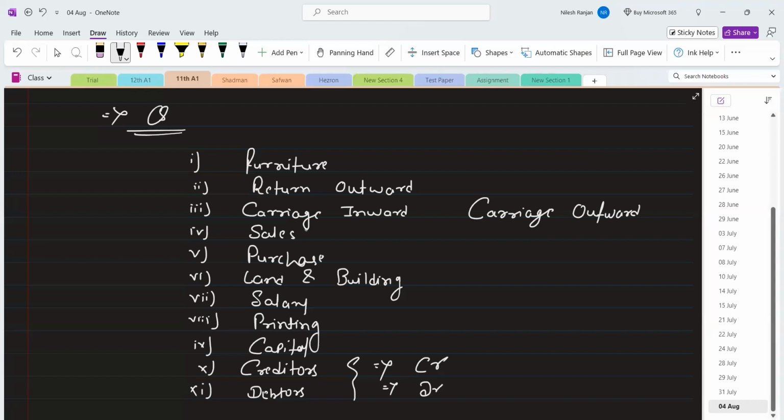Printing means actually printing, and stationery is a different expense where you purchase some stationery items or you spend money on printing some document. Okay. So it will be on the debit side, right? Yes.